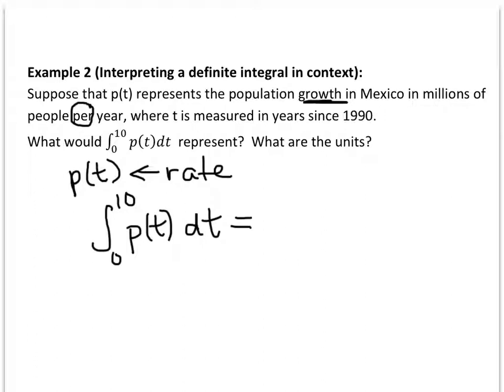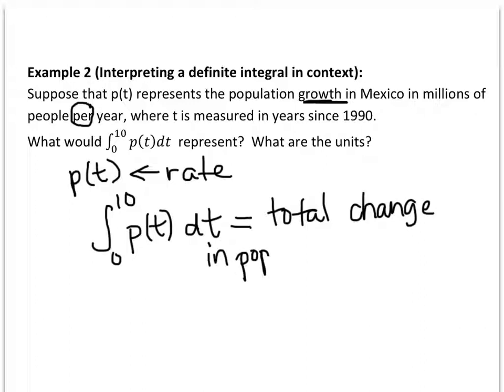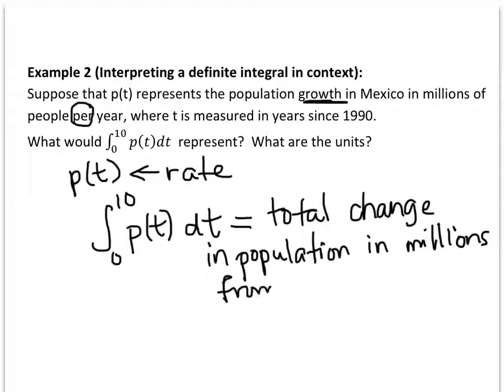So this is going to tell me the total change in population in millions of people from time 0, so from 1990, to time 10, so 1990 plus 10 would be the year 2000.